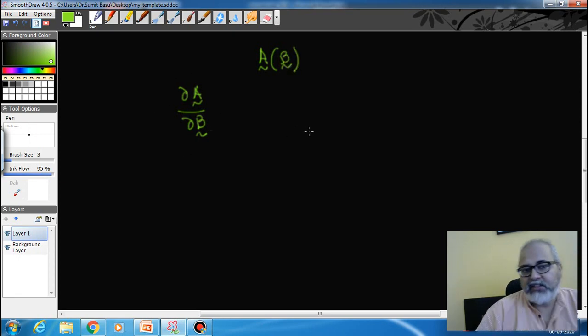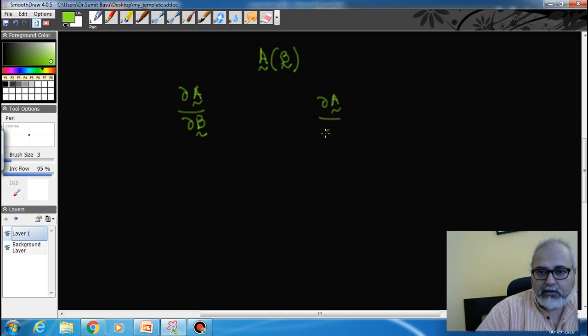Now if you do this Taylor series expansion that we did, you would realize that for the first term, where you write the derivative, you would write del A, del B, and dB. This is what you will write for the second term on the right of the Taylor series.